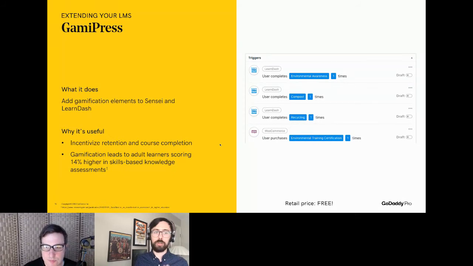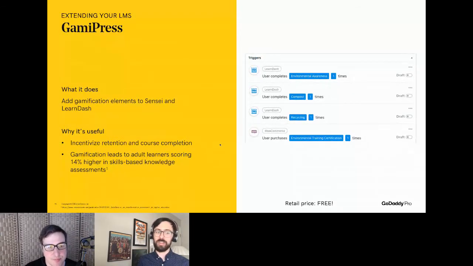And you can do that with Gamipress through point systems, badges, achievement systems. And then you can also achieve ranks and things. It's great. I was doing a little more homework on this one than the others, just because I was a little less familiar with it, and I got hooked. I think it's incredible.